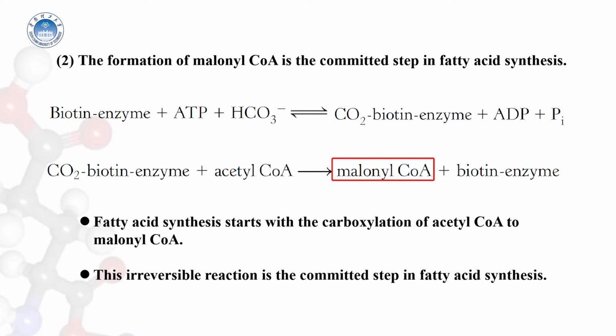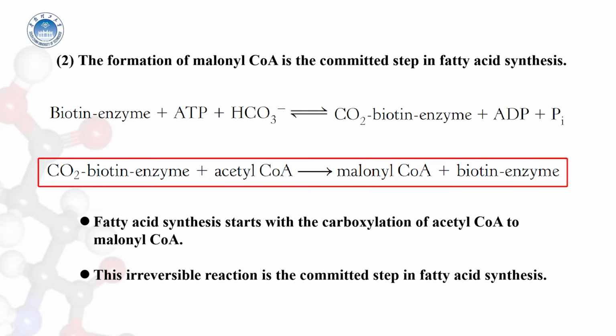A carboxybiotin intermediate is formed at the expense of hydrolysis of a molecule of ATP. The activated CO2 group in this intermediate is then transferred to acetyl-CoA to form malonyl-CoA.